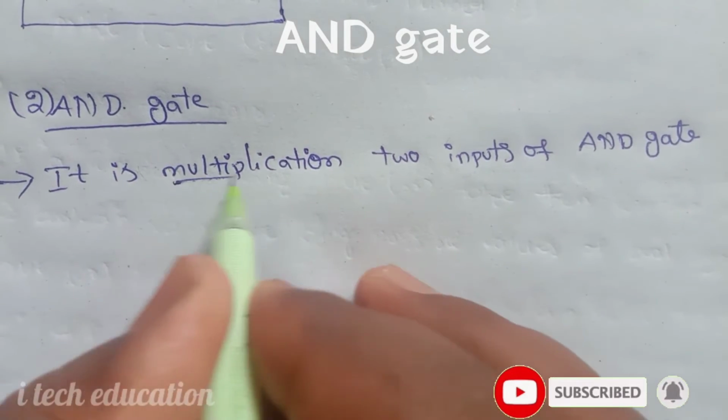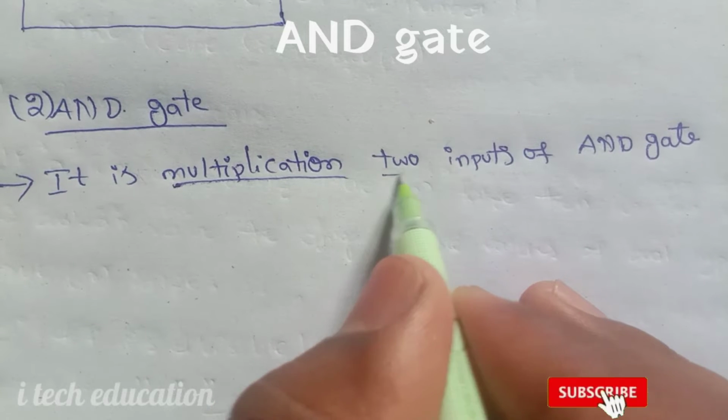So AND gate is multiplication of two inputs.